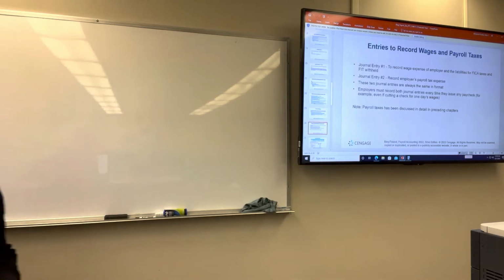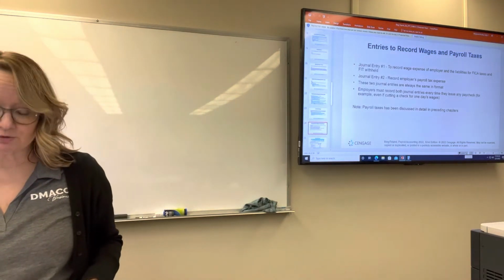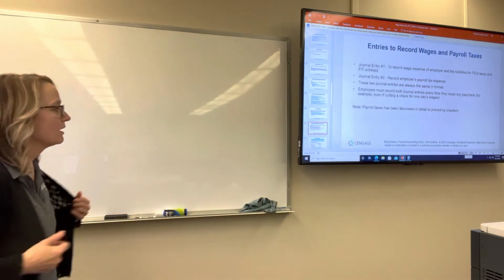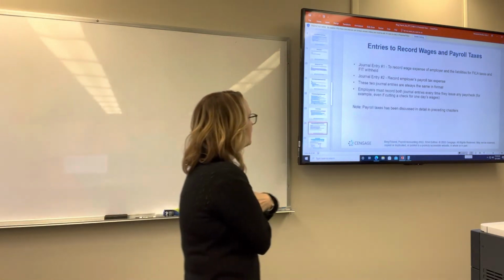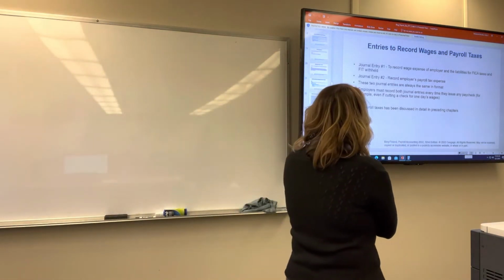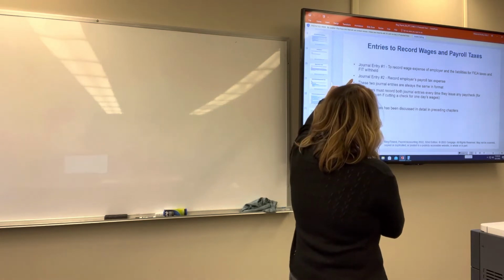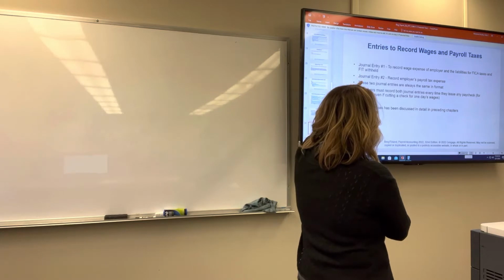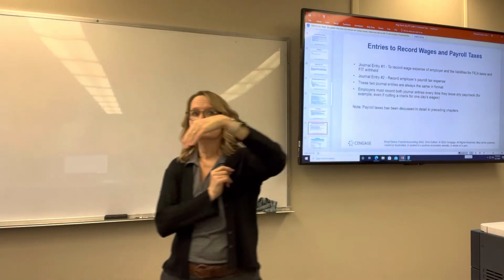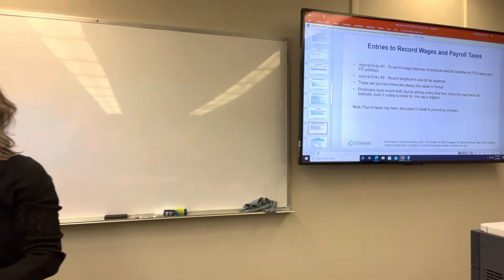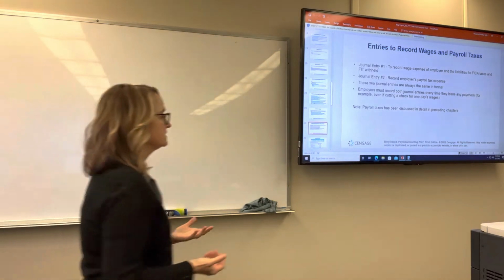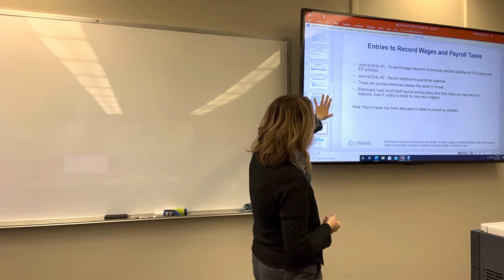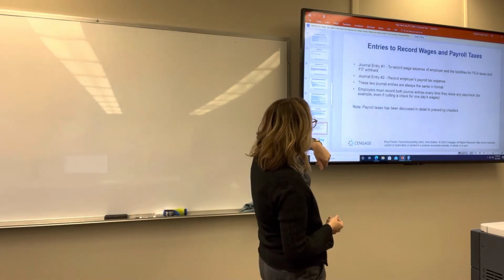All right. So now we're going to get into those journal entries. As I mentioned, there are several different journal entries that we're going to look at. The first two are recorded at the time that payroll takes place, when cash is actually paid to the employees. We're going to start with those two.